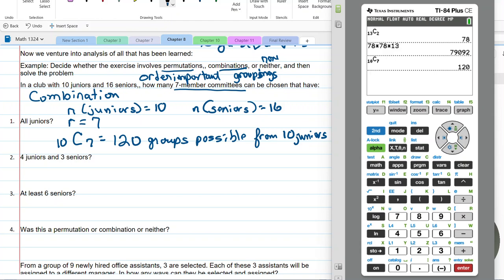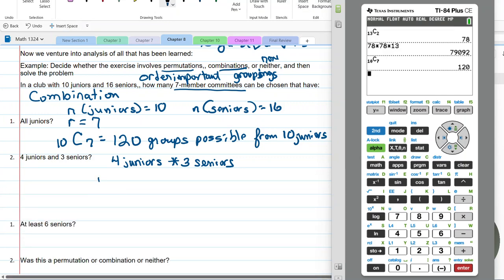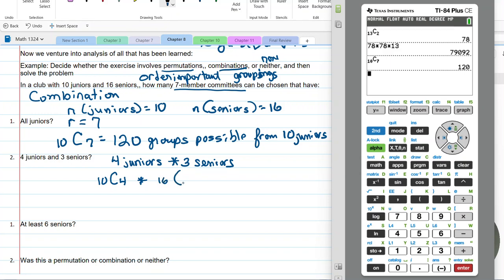Okay, now let's look at the next one. 4 juniors and 3 seniors. So we have 4 juniors from that set and 3 seniors. So we're going to have the 10 juniors choose 4 and the 16 seniors choose 3, because it's the juniors and the seniors.